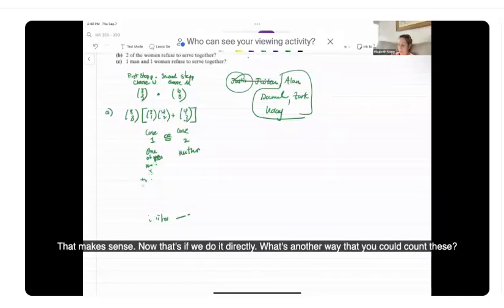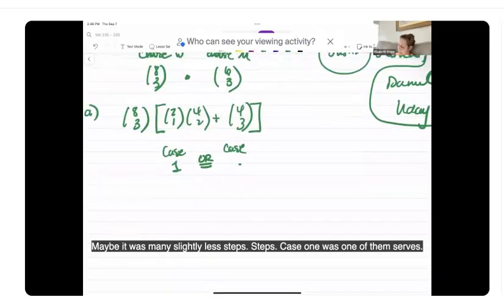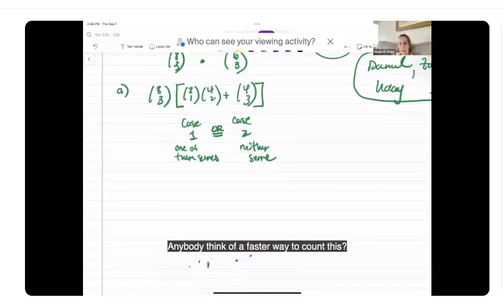Now, that's if we do it directly. What's another way that you could count these? Maybe with slightly less steps. Case 1 was one of them serves, or neither. Anybody think of a faster way to count this?